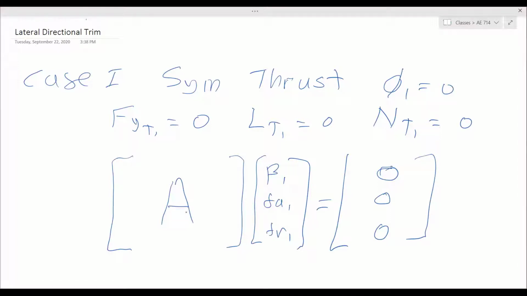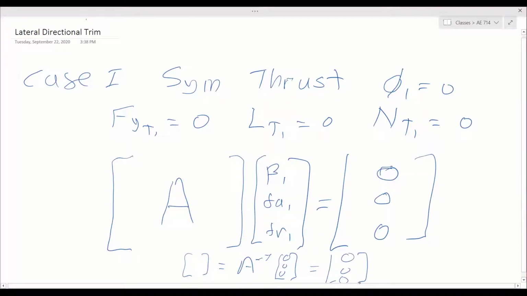So how do you solve this? You take the inverse and multiply it by the right-hand side, right? So what is beta? So here's our vector. Yeah, we get zeros for the answer.